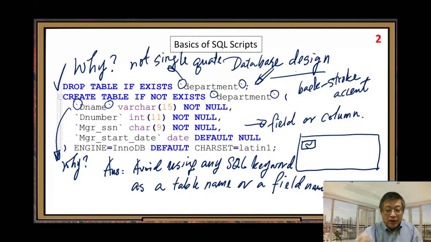Think about it, here we use department as the table name, then D name, D number as field names. If sometimes you use a field name or table name that happens to be an SQL keyword, what would happen?